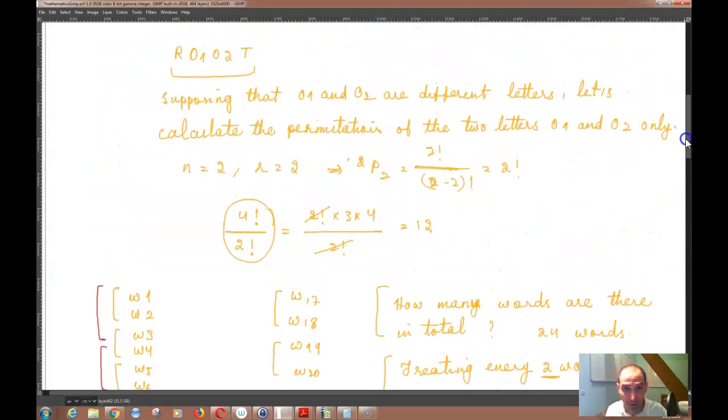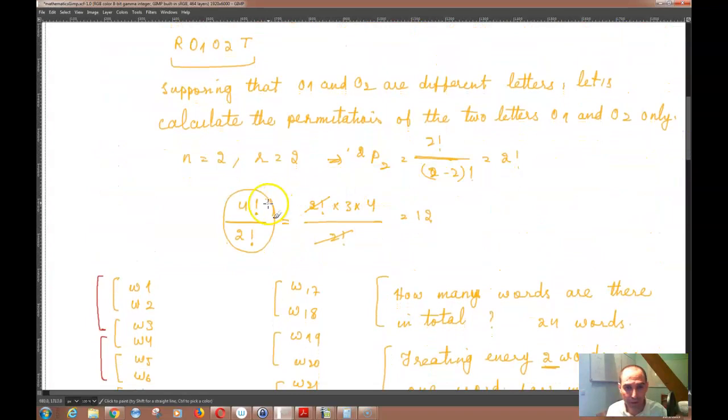And so what I've done over here is that in total there are 4 factorial permutations there. Now, what I have done is that I have treated every 2 factorial permutation as just one single permutation, right? I have treated every 2 factorial permutation as one single permutation.